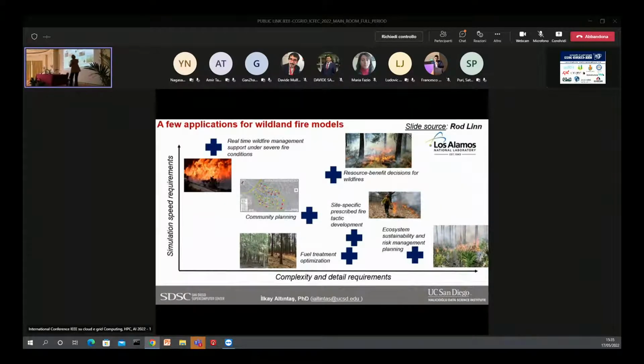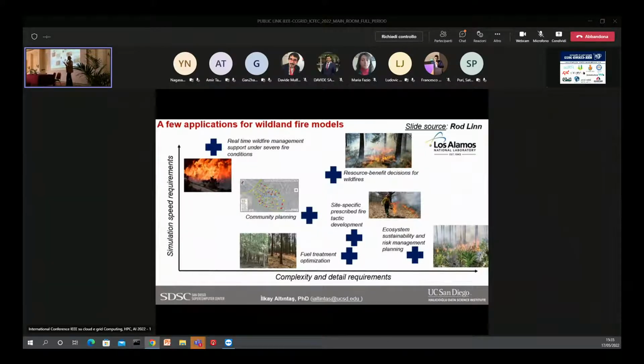But as you go towards this end, like planning communities, doing fuel treatments and optimizing them, what's the best place, where and when to do these? Ecosystem sustainability decisions, how will climate affect fire behavior? These type of things, they're becoming a lot more complex and detailed. And the requirements are detailed.